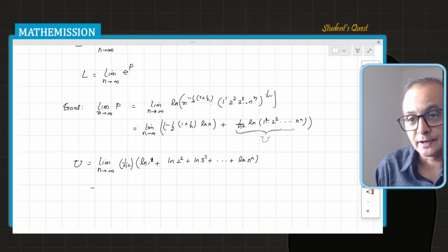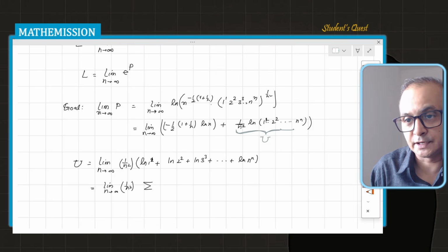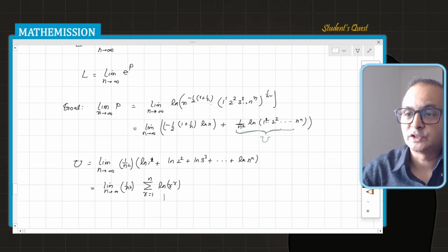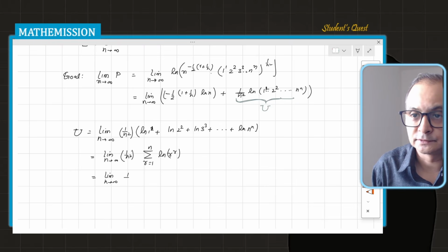But you can also write this whole scenario this way. Using summation sign, I can write r goes from 1 to n, the log of r to the power r, which can be further written as limit n approaches infinity, 1 by n square, summation r goes from 1 to n, r times log r.